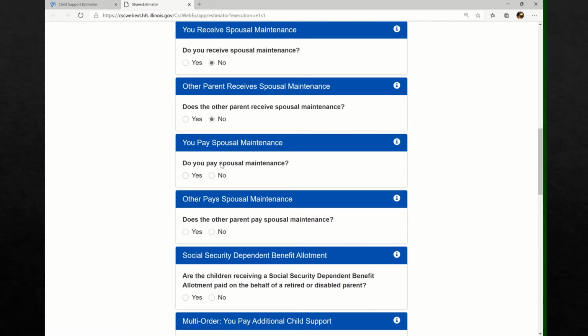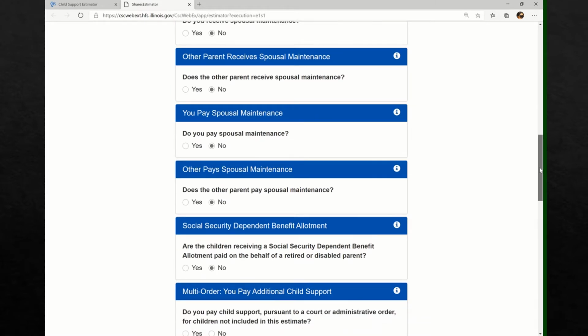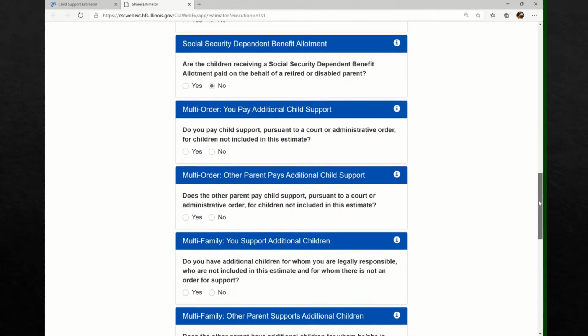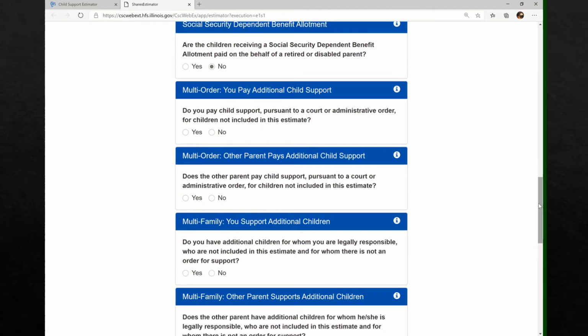No. Do you pay spousal maintenance? Let's say no. Does the other parent pay spousal maintenance? Let's also say no. Are the children receiving a social security benefit? And let's say no, because it says allotment paid on behalf of a retired or disabled parent. So these things are being taken care of, but in this simple example, let's just say no.